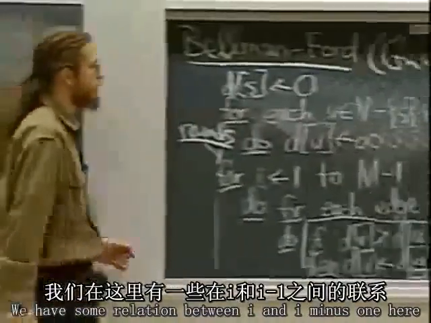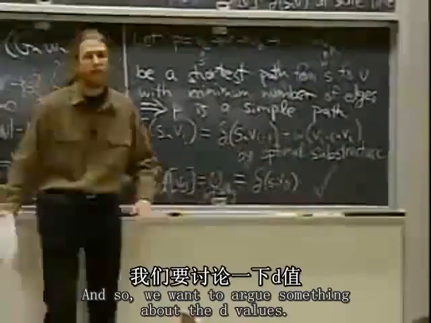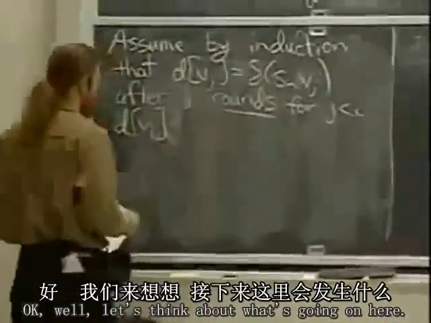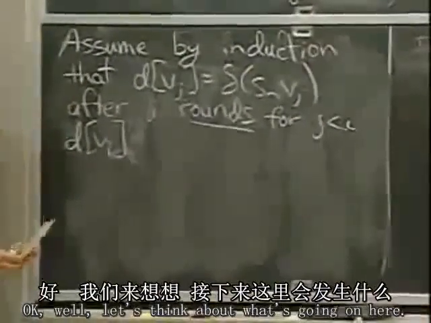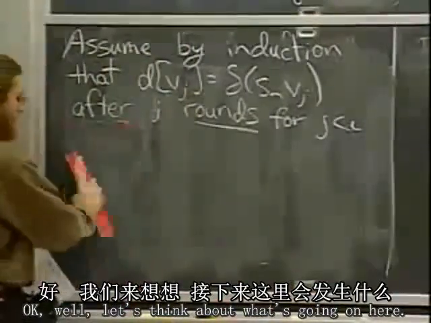Okay, so we have some relation between i and i minus 1 here in terms of the deltas. And so we want to argue something about the d values. Well, let's think about what's going on here.